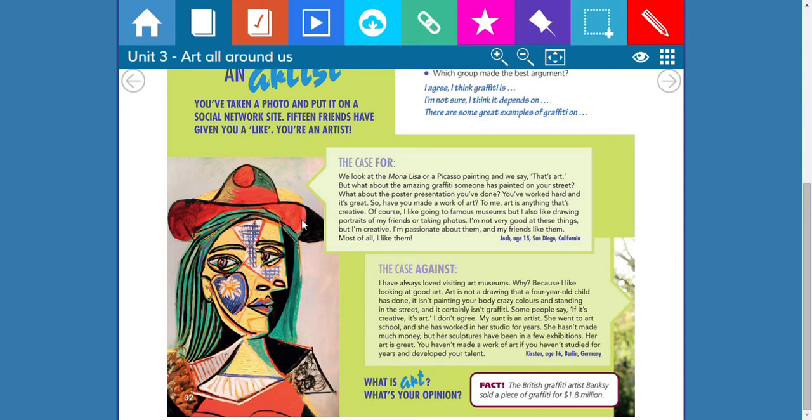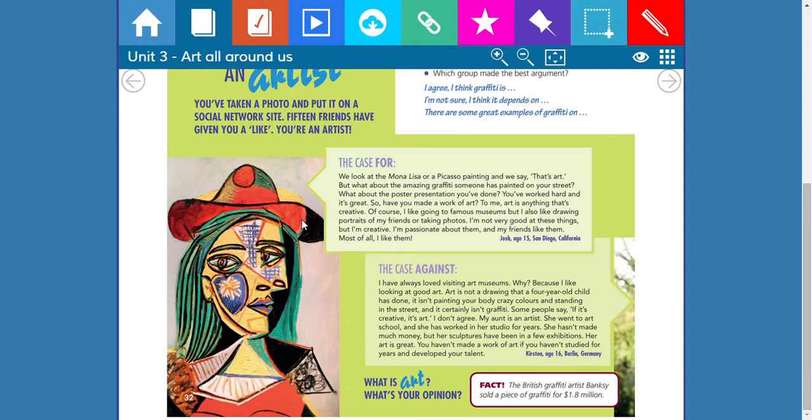So have you made a work of art? To me, art is anything that's creative. Of course, I like going to famous museums, but I also like drawing portraits of my friends or taking photos. I'm not very good at these things, but I'm creative. I'm passionate about them, and my friends like them. Most of all, I like them. Josh, age 15, San Diego, California.